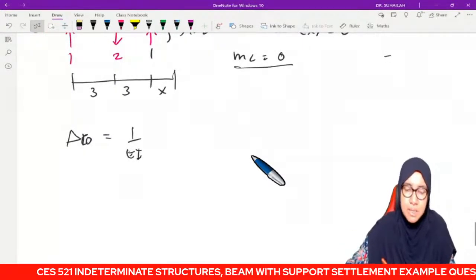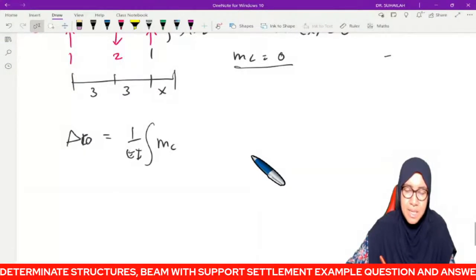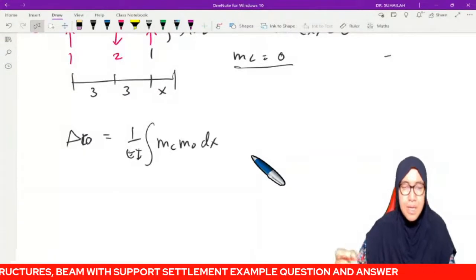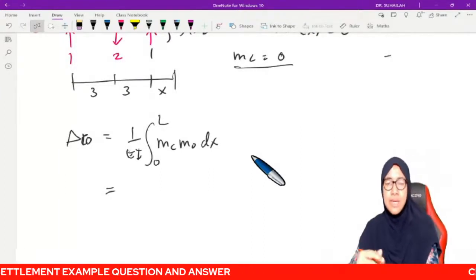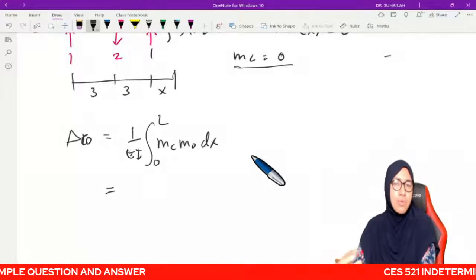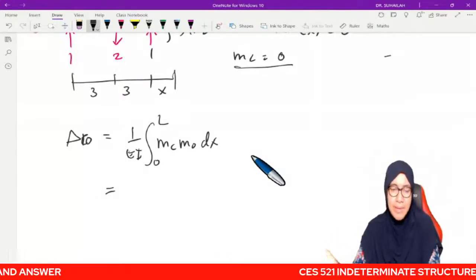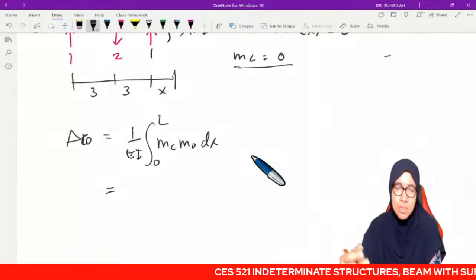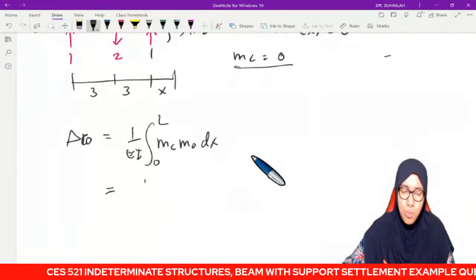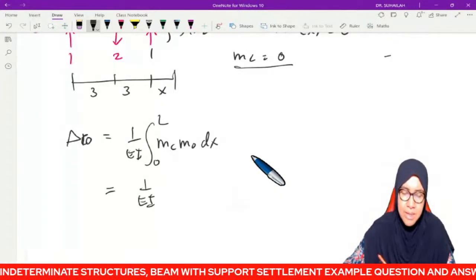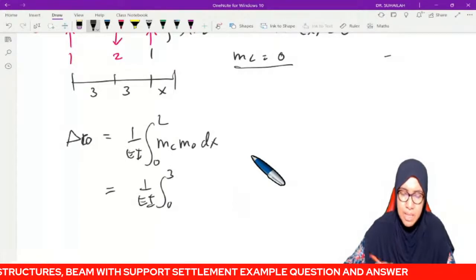The formula is MC M naught dx from 0 to L. So this is when we want to write the equation directly into the displacement formula without having a table. So it is 1 over EI. Section AB is from 0 to 3.